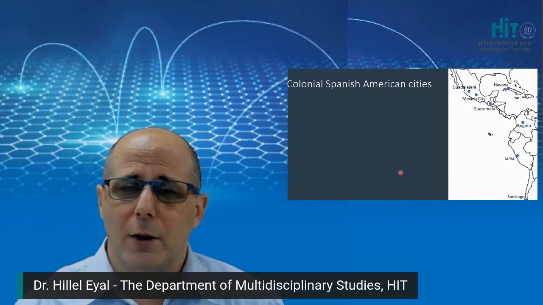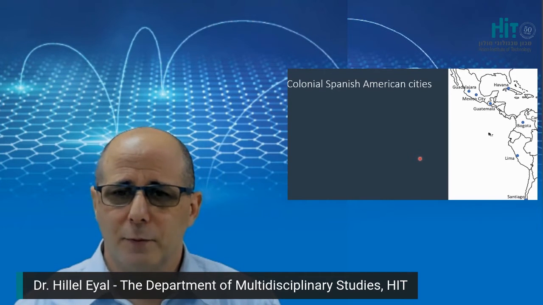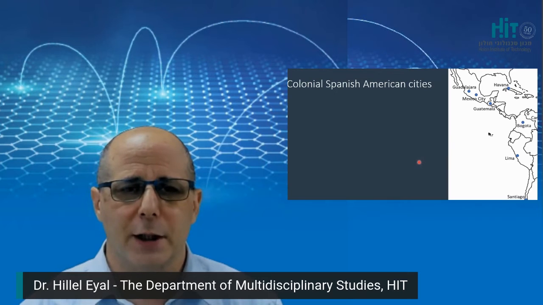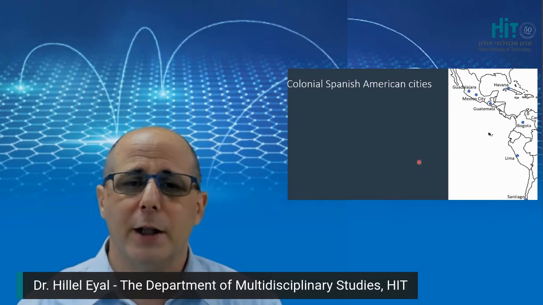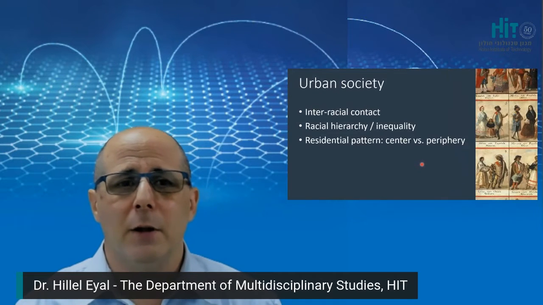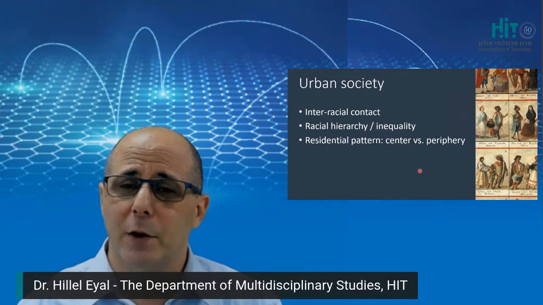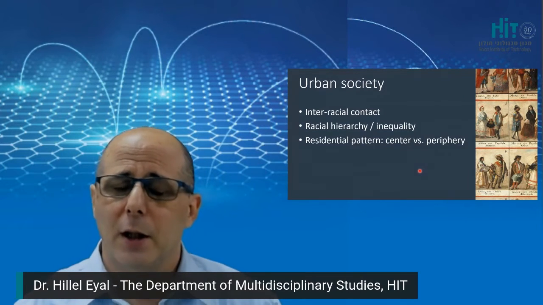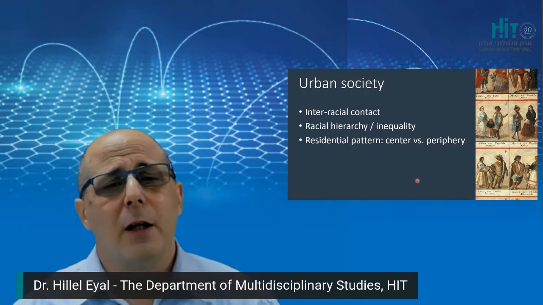That means that in all those places we have important cities, and in all those cities, what is really interesting is that the geographical structure is a grid. Now let's talk a little bit about urban society, and then move on to see a few things focusing on Mexico City, Caracas, and Buenos Aires.